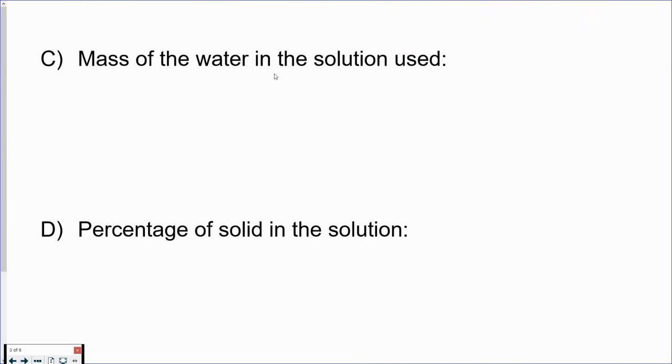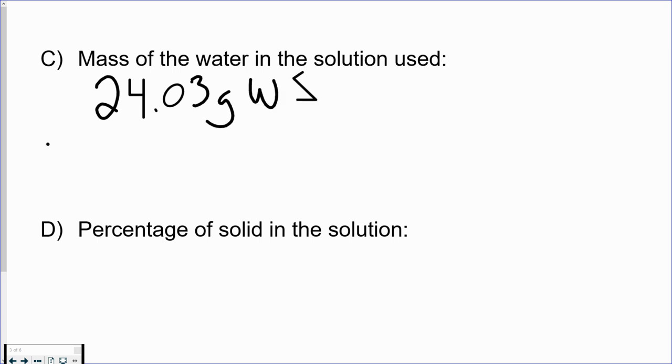The next problem says the mass of the water. You can do it two ways. The way that I like to do it is you take your answer from number one, which is 24.03, and that is the grams of water solution. And you subtract the salt that we got when we evaporated all the water.